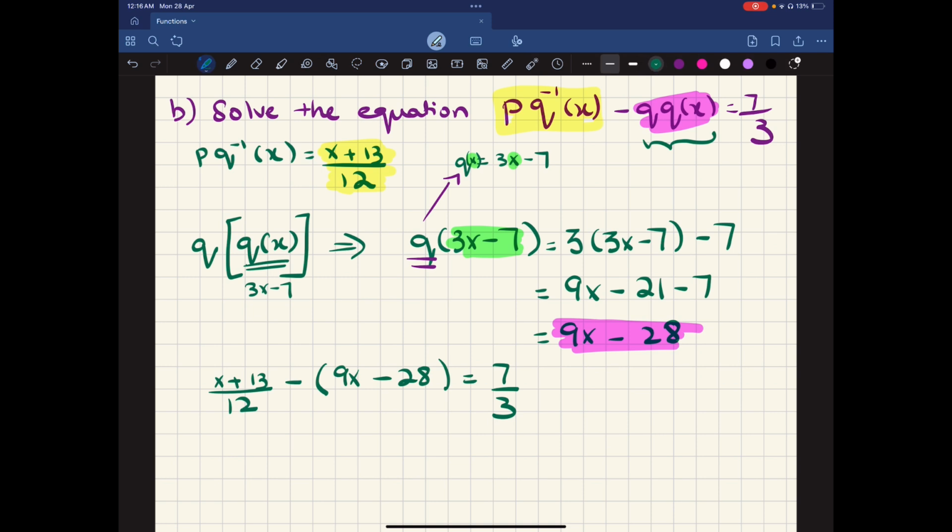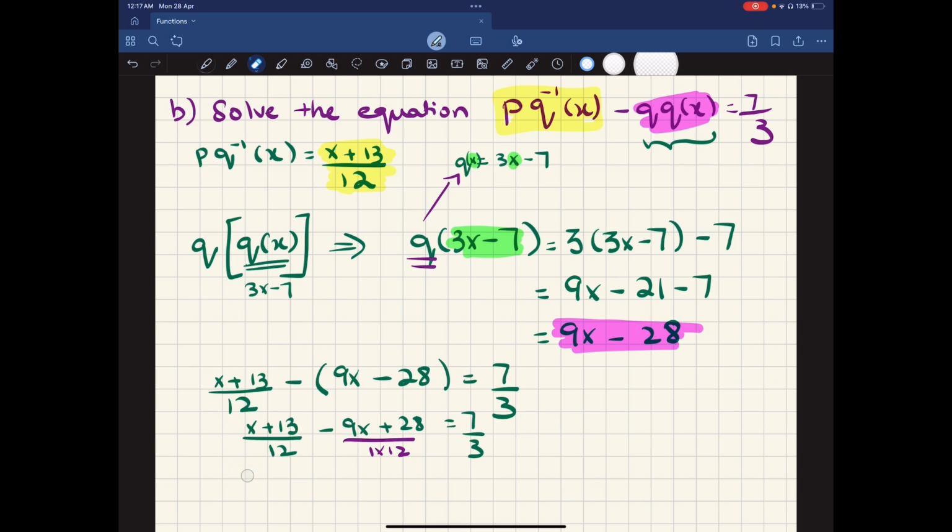Okay, so let's solve the function. So x plus 13/12 minus 9x plus 28 is equal to 7/3. We're going to make the denominators common.